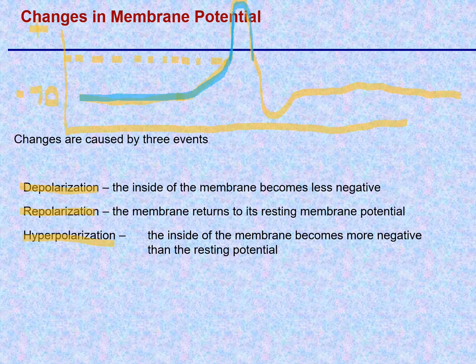All those changes in membrane potential above the dotted line are the action potential, and then it's repolarizing down. In fact, you have hyperpolarization, and then back up, a small depolarization back up to the normal resting membrane potential.